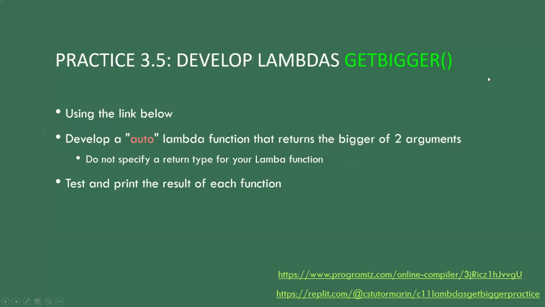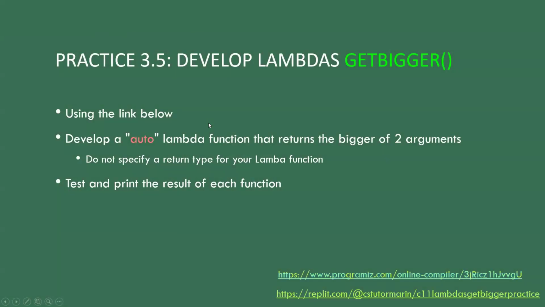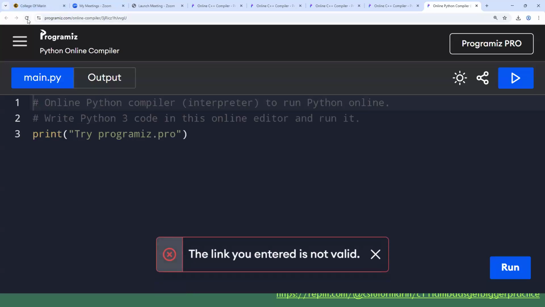Let's try one more. Let's do a get bigger. So we're going to do an auto lambda function that returns the larger of two arguments, and we won't specify the type. Let's just try that one. I forget what the gotcha is. There's always a gotcha, so sometimes I forget my own gotchas. Let's see what they are here.